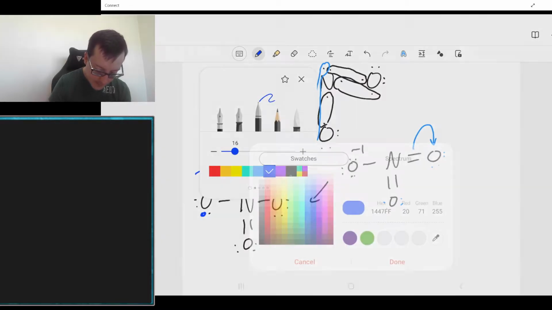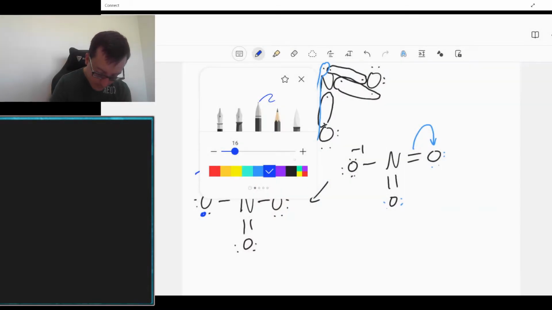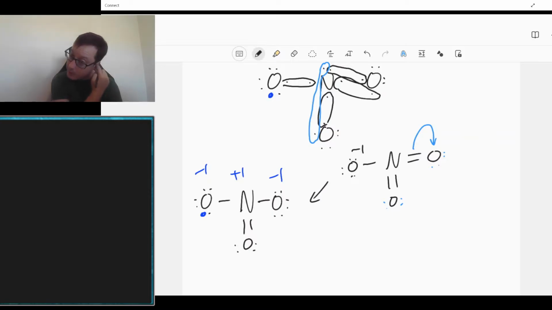Alrighty, so your homework for this is up, by the way. There are 5 things due on November 7th. So the Lewis structure homework, we're going to have the molecular geometry homework, which is the next chapter.